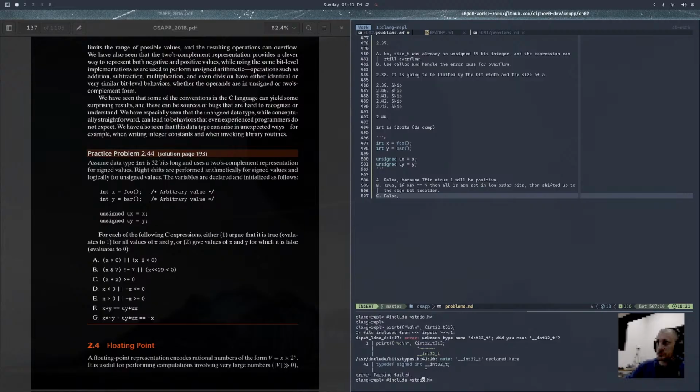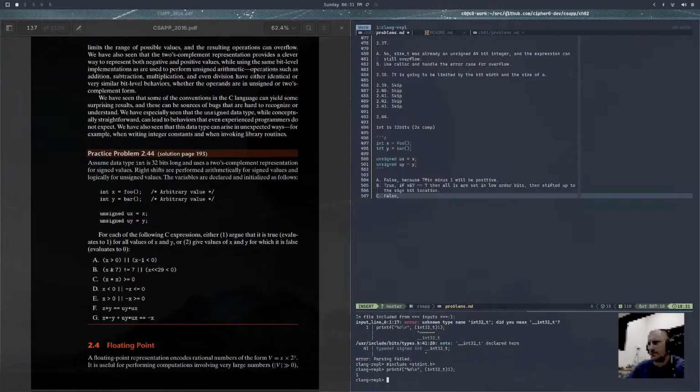I need to include, I think it's stdint.h. There we go. So int32_t of, we'll just make sure these get applied correctly here. So it's going to be what?